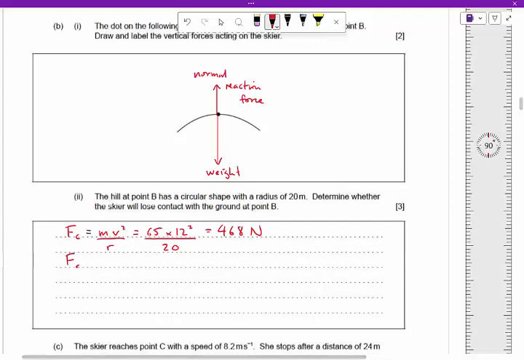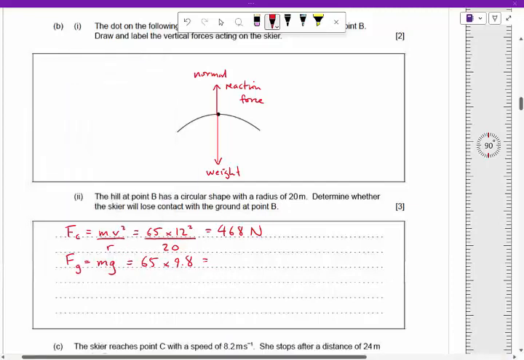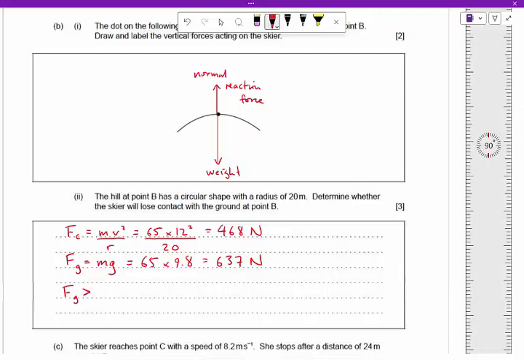And Fg is mg, so that's 65 times 9.8, which is 637. And then we can say that Fg is bigger than the centripetal force needed. So the skier does not lose contact with the ground.